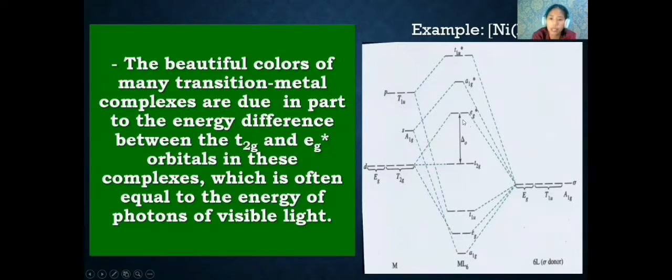Okay, so this can be the parameter observed to predict what colors the complexes have. So these differences give different colors of the coordination complexes.